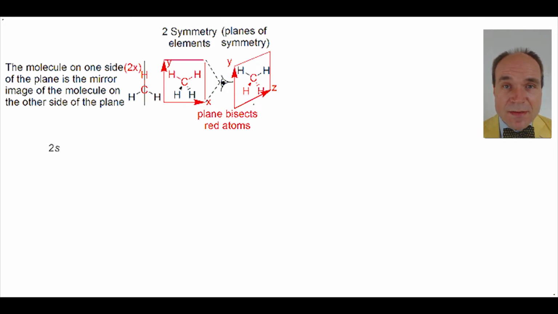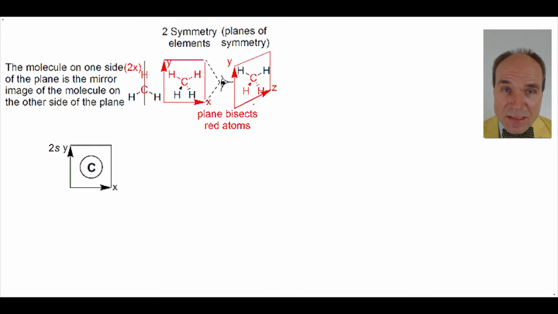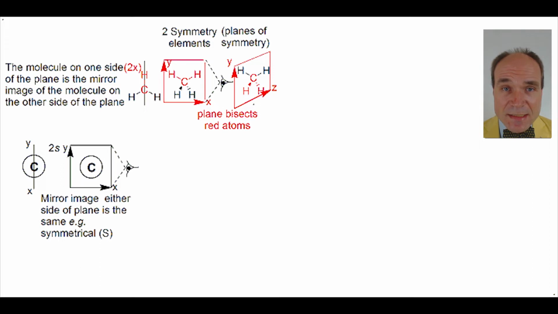Let's consider the s orbital of carbon. If we look at the s orbital of carbon in the y-x plane and look from right to left, we can see immediately that the left-hand side of the plane and the right-hand side of the plane are mirror images of each other, and thus this is symmetric.